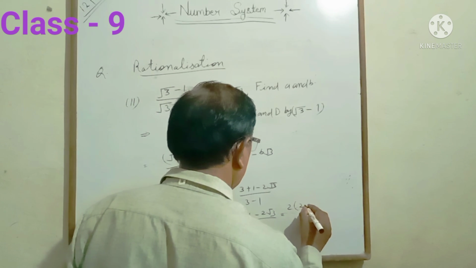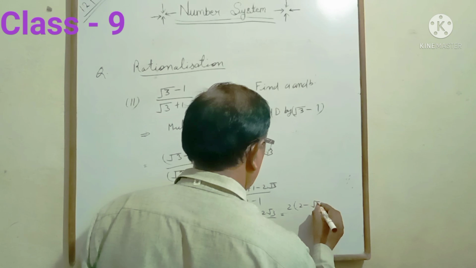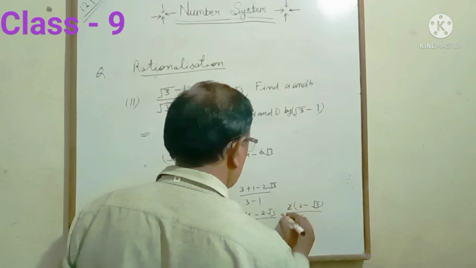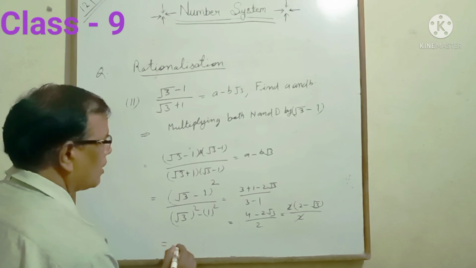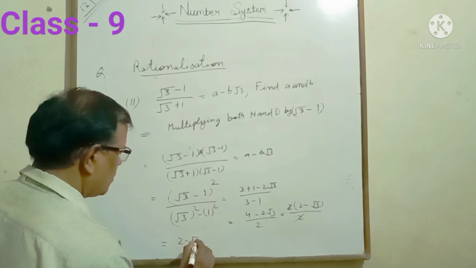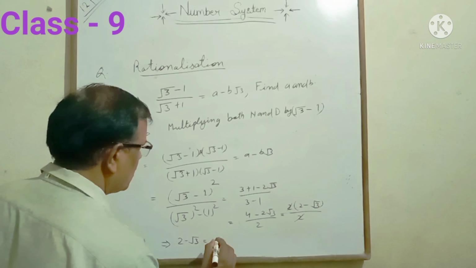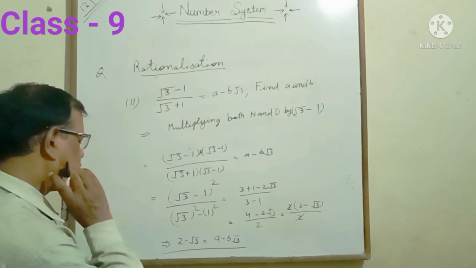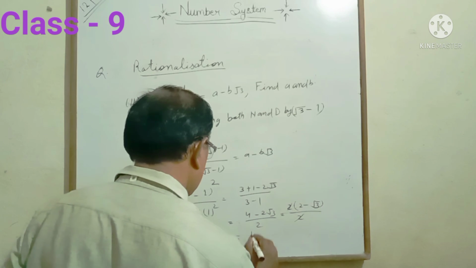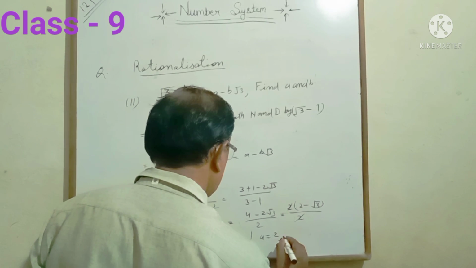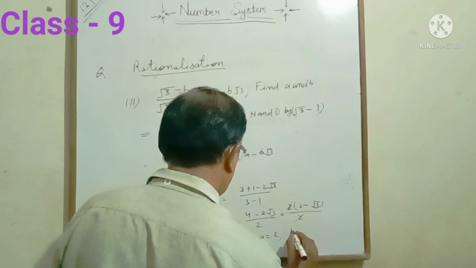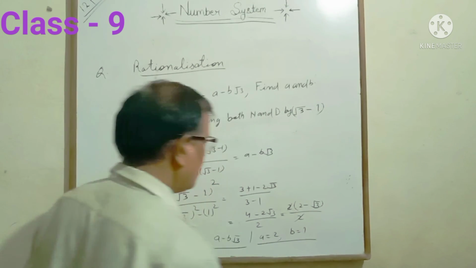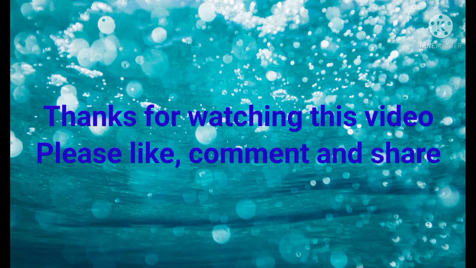Now we can take 2 common: 2 times 2 minus root 3 by 2. 2 cancels. Now we see 2 minus root 3 equal to a minus b root 3. Now comparing both sides, we see the value of a equal to 2 and the value of b equal to 1. Now we have the values of a and b.